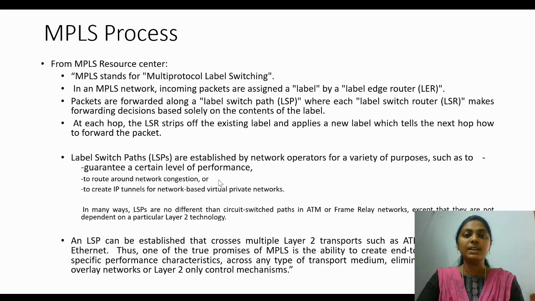And the third one is to create IP tunnels for network based VPNs. There is no need to go for some additional or complex technology. Rather, the existing technique itself creates a tunnel for network based VPNs.